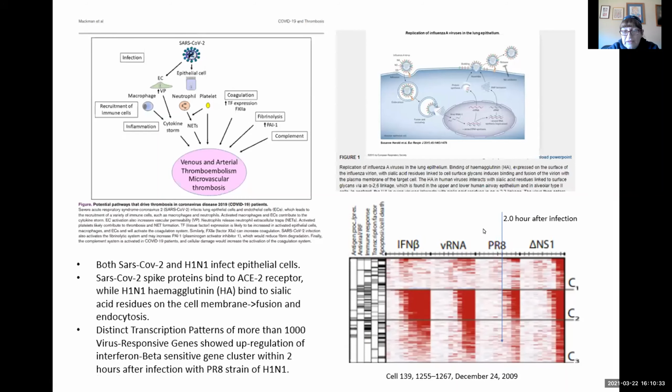This was infection of epithelial cells with PR8, the Puerto Rican wild type H1N1. And this line is drawn at 2 hours after infection. C2 are these interferon sensitive genes of the epithelium. And you can see that already massive upregulation of these interferon sensitive genes occurs 2 hours after infection of MDCK epithelium cells.